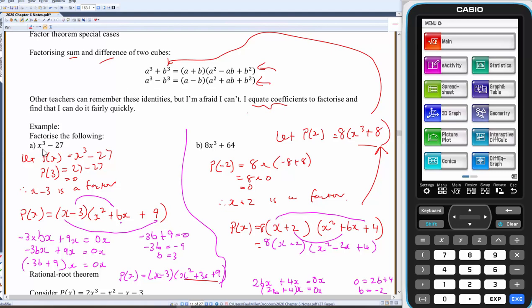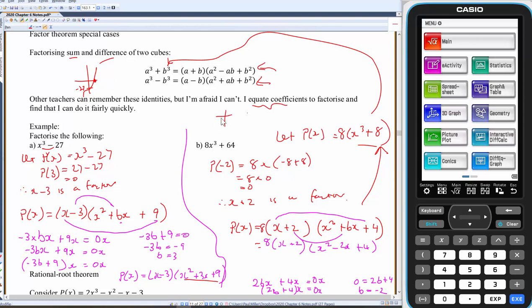Now, how do I know that? Because x cubed take 27 is an inflected cubic that comes up like that and has one x-intercept. And I just know that because it only has one x-intercept, that this will never be able to be factorized. Okay, and it's the same with this one here. This is an inflected cubic that is going to be like, how many units up?